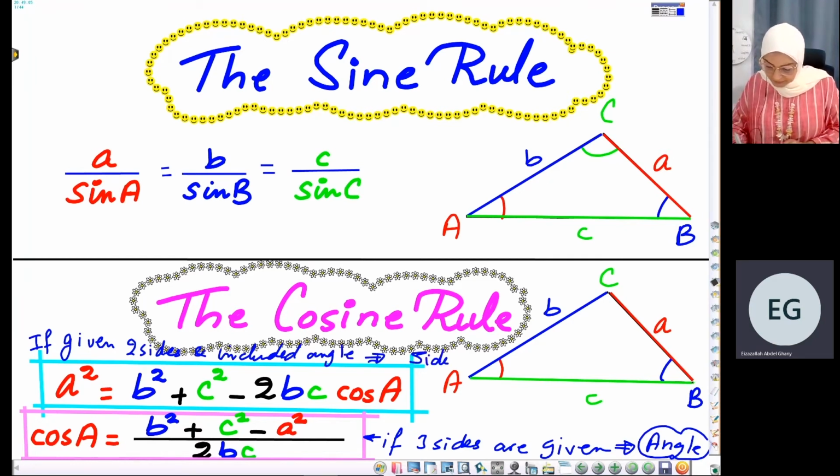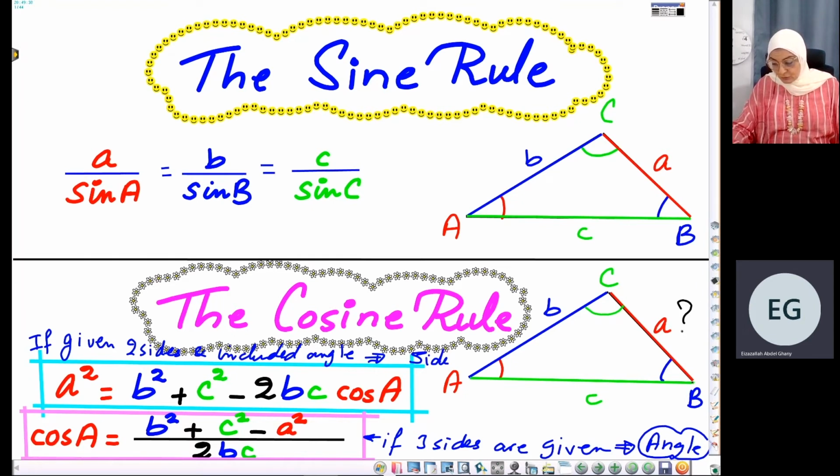Now let's apply everything in this diagram. As usual, if this angle is named A, the red one, the side opposite to it is small letter a. If this blue angle is B, the side opposite to it is b. If this green angle is C, and the opposite side, we name it small letter c, and we need to find this side, for example.